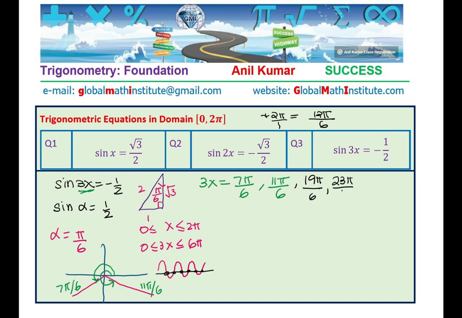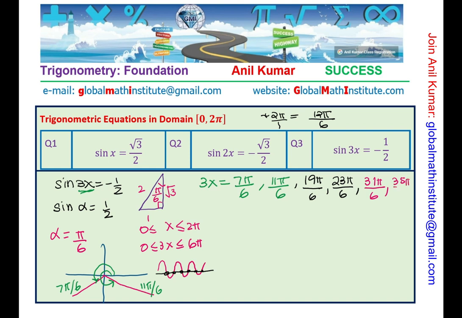Makes sense? Now again, add 12 to this: 12 plus 19 is 31, and 12 plus 23 is 35. So it becomes easy.